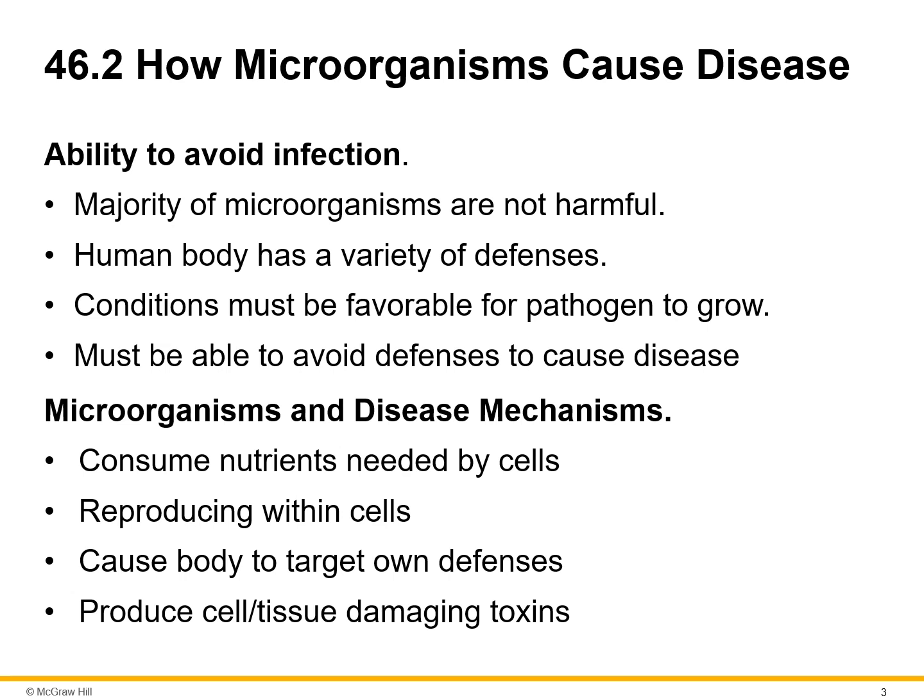Our body will attack its own things that are not necessarily meant to function that way. Also, some microorganisms will produce cell or tissue damaging toxins, so they will poke holes in our cells and destroy them and break them down, causing us not to work as efficiently as we are intended.